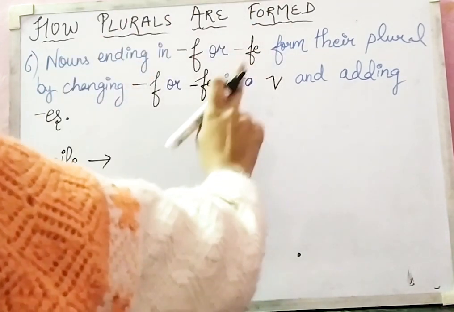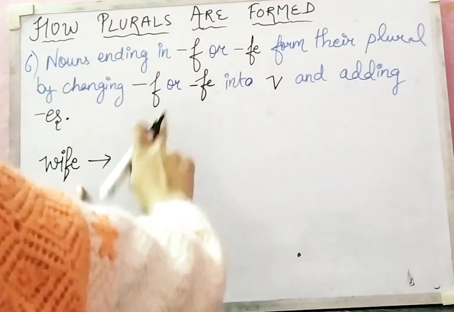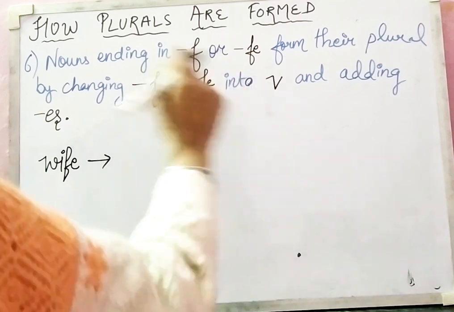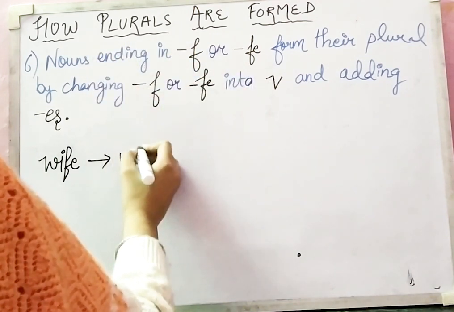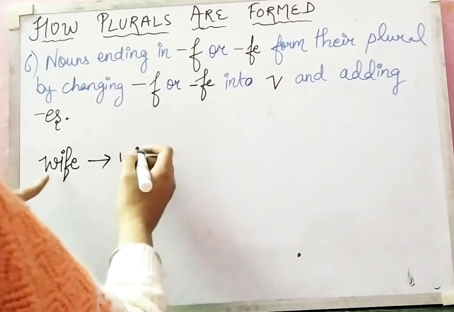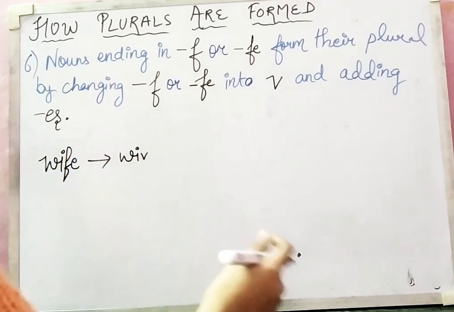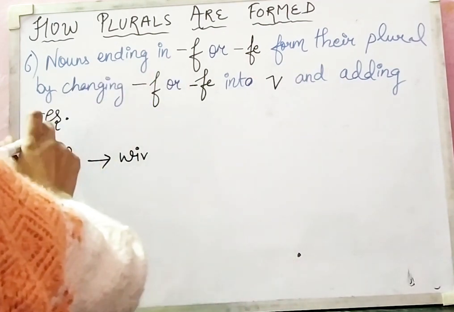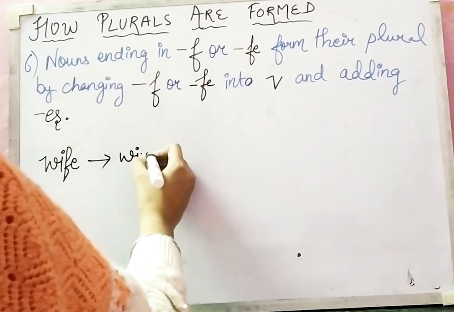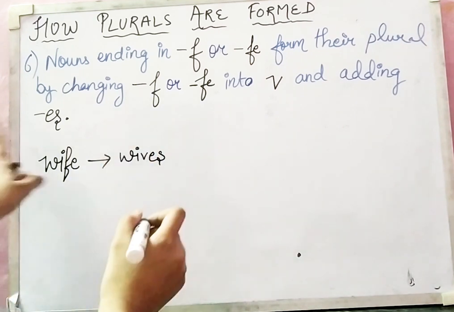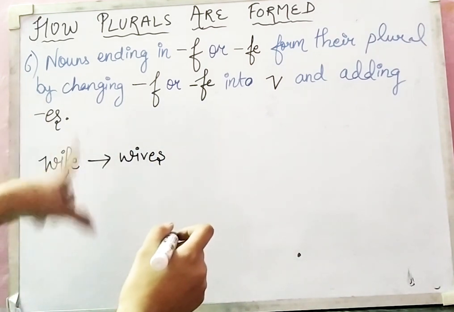In this they are asking that change f or fe, means this fe, into v. So we have changed fe into v, that is wiv, and then we have to add es, that is wives. So this is the plural form of wife.